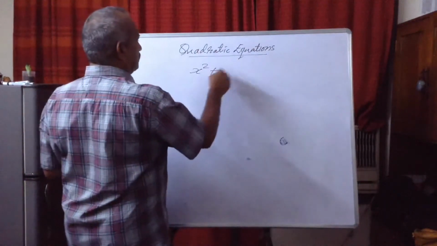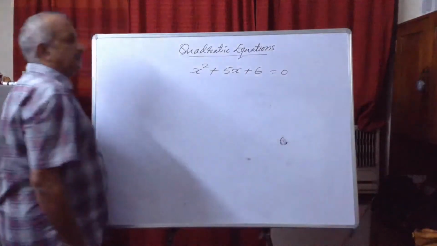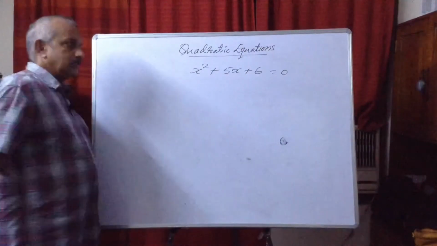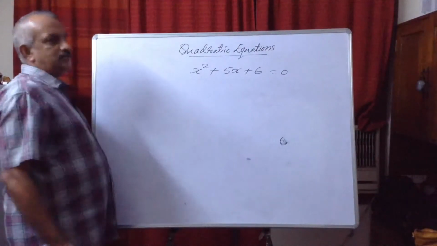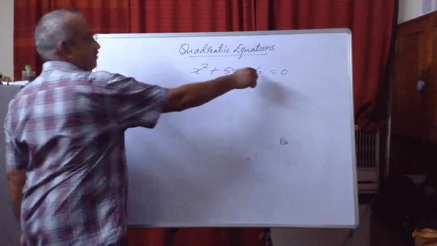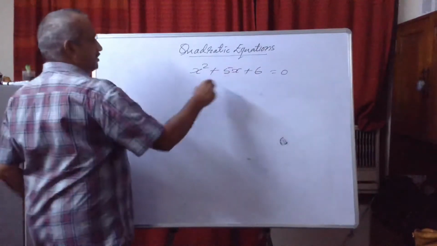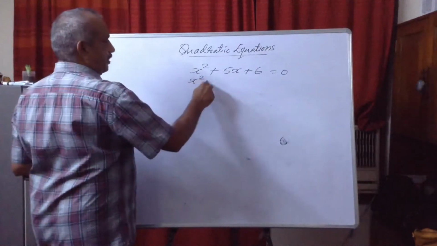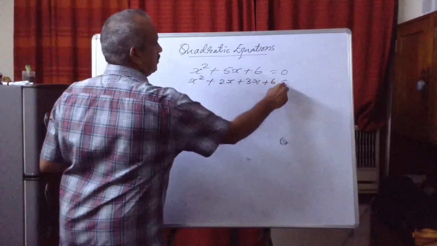So first of all, if the quadratic equation is simple, say like x square plus 5x plus 6 is equal to 0, then we can do factorization directly. If the numbers are 2 and 3, 2 plus 3 is equal to 5 and 2 into 3 is equal to 6. So by splitting the middle term, x square plus 2x plus 3x plus 6 is equal to 0.